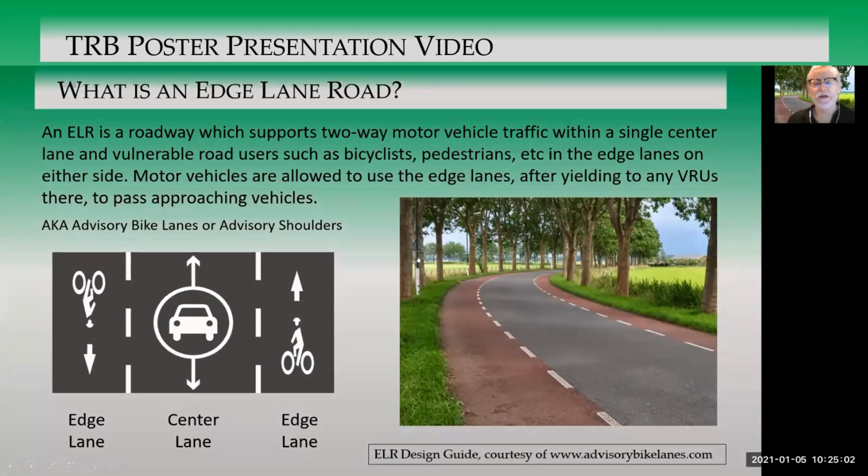Motor vehicles can use the edge lanes after yielding to any vulnerable road users there in order to pass approaching vehicles. This slide in the lower left shows you a schematic layout of the treatment, and on lower right shows you a picture of an edge lane road, my favorite edge lane road in the wild.